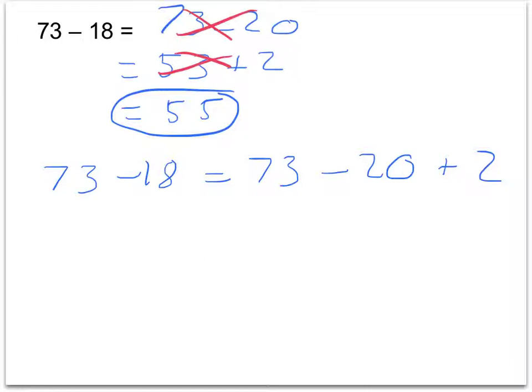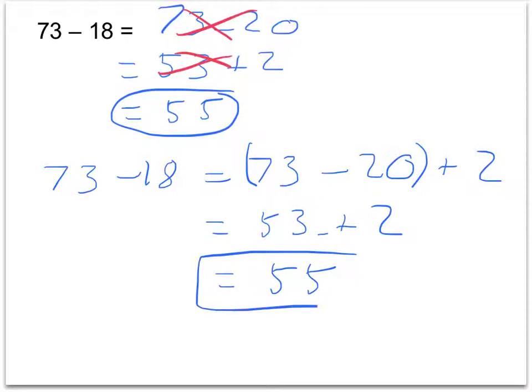Okay? And so now we can kind of group things together. Let's group it like this. 73 minus 20 is 53, and then plus 2, and then we do that arithmetic and we get 55. So there's the proper answer, and here's a proper sequence of equations that shows what we did.